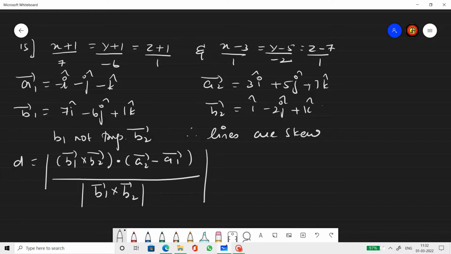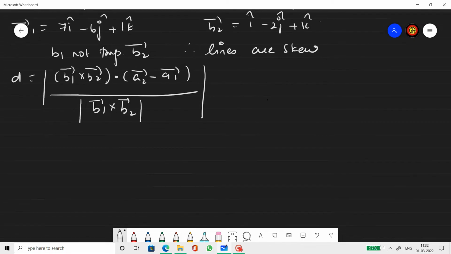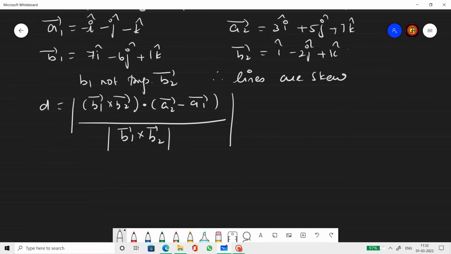So this is the distance. Now how do we find B1 vector cross B2 vector? We find it using determinant i j k, 7 minus 6 and 1, 1 minus 2 and 1, right?